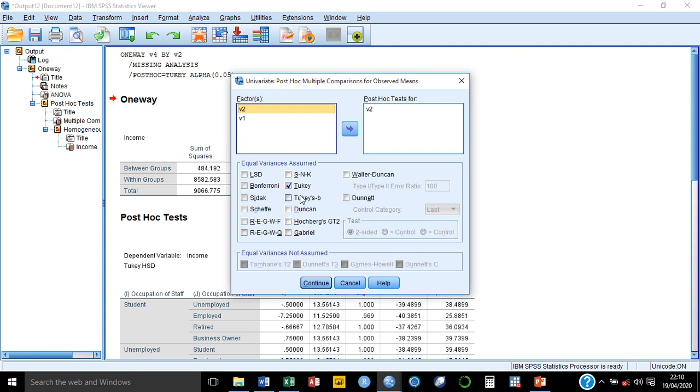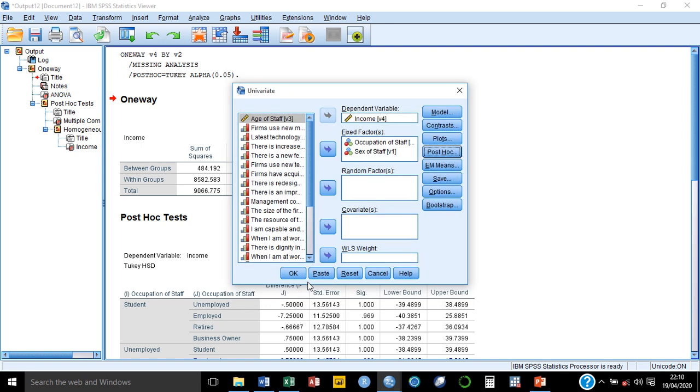Post hoc is still tricky. I told you to do post hoc for only V2 because V1 does not have up to three levels. That's just two, sex, male and female. Whatever result it has for V1 is the same, so there's no need to break it down in the Tukey test and it wouldn't do it. That's why I leave that there.